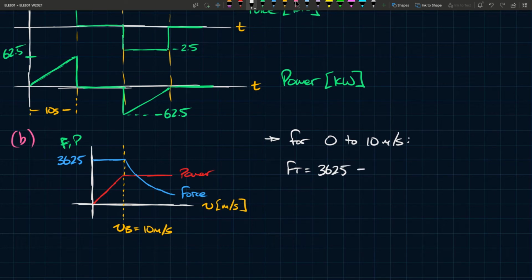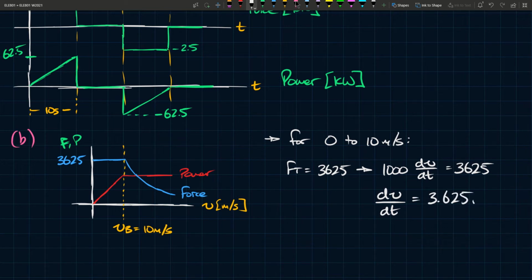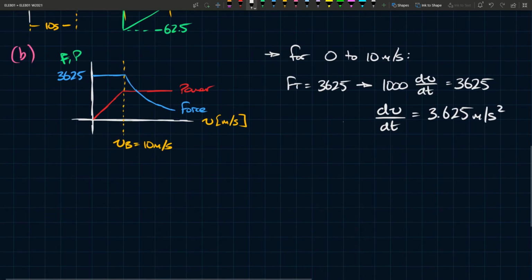Now if we write Newton's law, then we have 1000 dv/dt equaling 3625. So we know that the acceleration during this time is 3.625 meters per second squared. Now using this, we can determine the time that it takes.